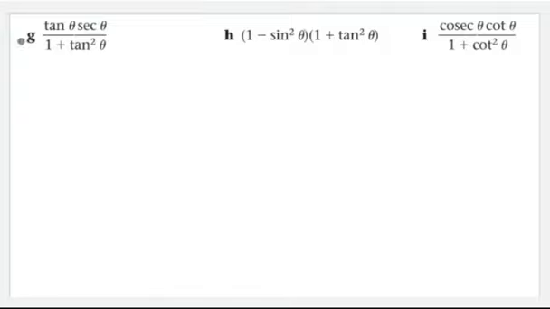Okay, so slide 6. What ideas maybe come? Would you cancel out the tan and the tan squared theta? Unfortunately, you can't do that because at the bottom, the tan squared theta has the plus 1 with it as well.